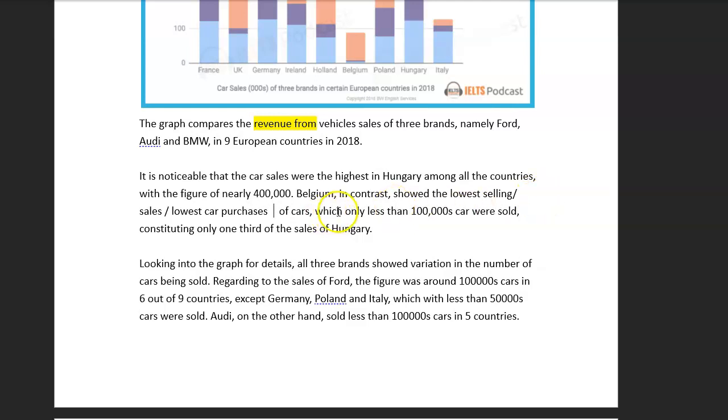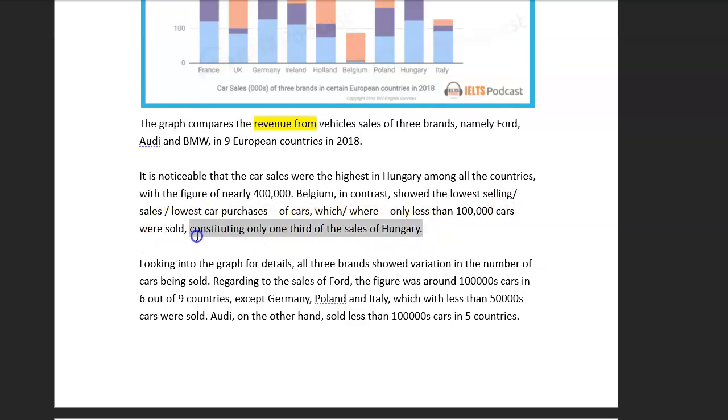Lowest car purchases, and then you'd have to have where, not which, because you're talking about Belgium as a place where only less than 100,000 cars, plural there, you want the S, were sold, constituting only a third of the sales of Hungary.